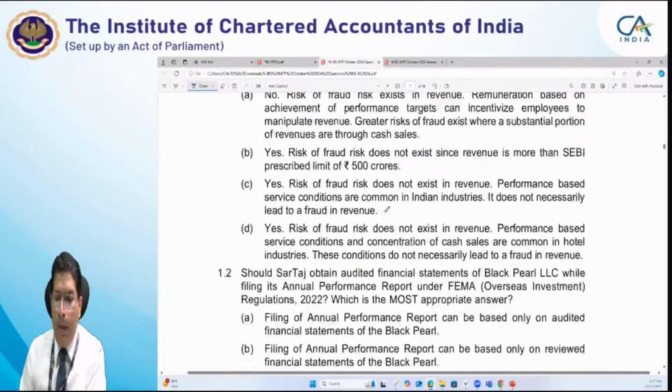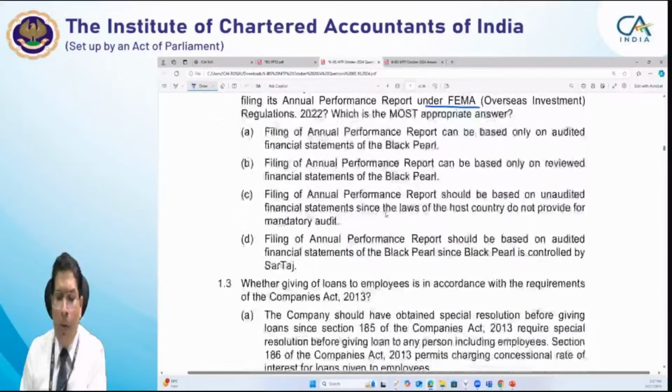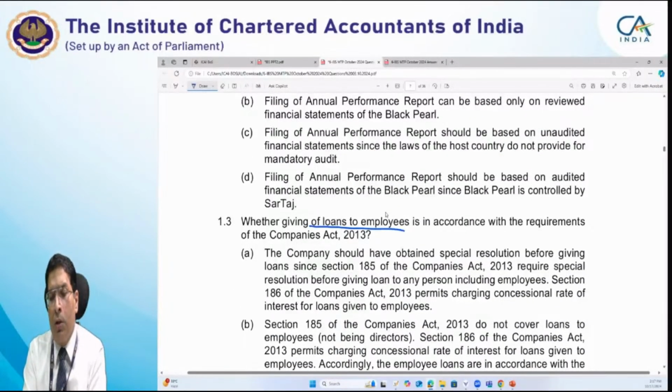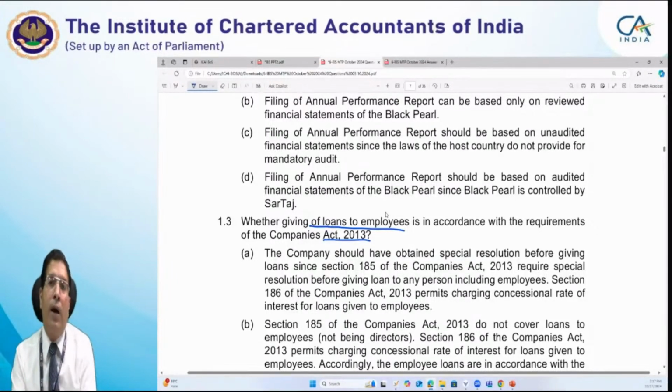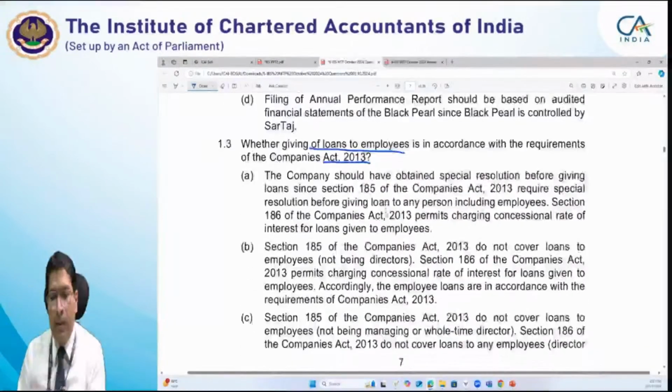Next, my MCQ relates to FEMA, annual performance report. Next, again, an MCQ relates to loans to employees in accordance with the requirements of a section of the Companies Act 2013, and loans to companies are linked with Sections 185 and 186 of the Companies Act. Then again, you have to keep Sections 185 and 186 of the Companies Act in mind while reading this case study.